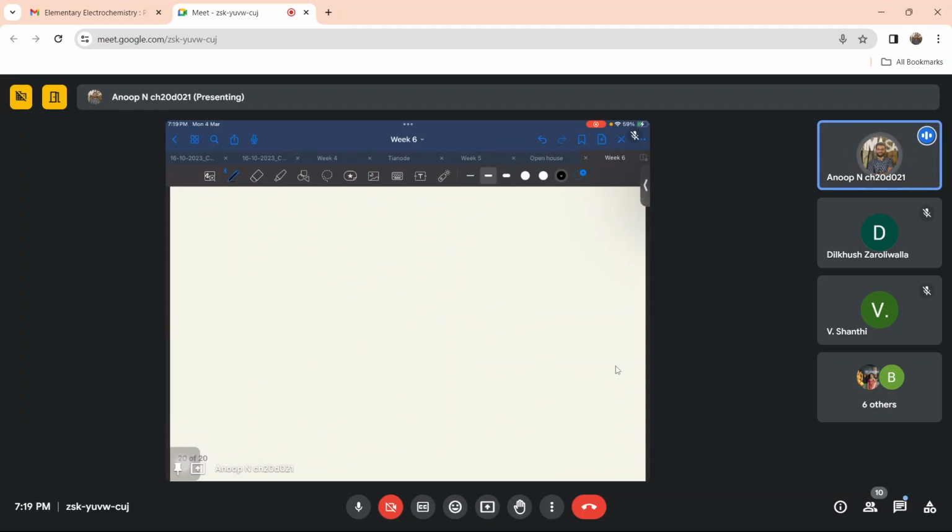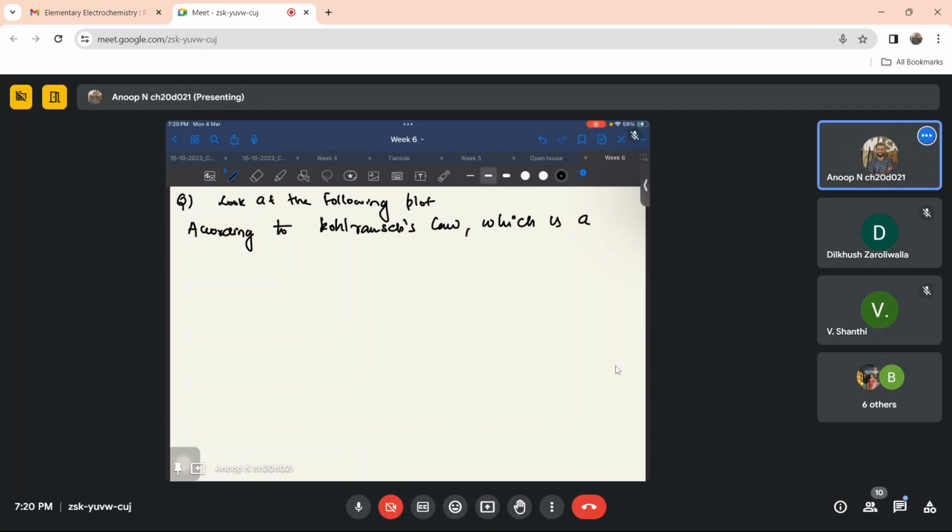So we'll go to the next question. I'll plot a graph here. Look at the following plot, according to Kohlrausch's law: which one is a strong electrolyte and which one is a weak electrolyte.